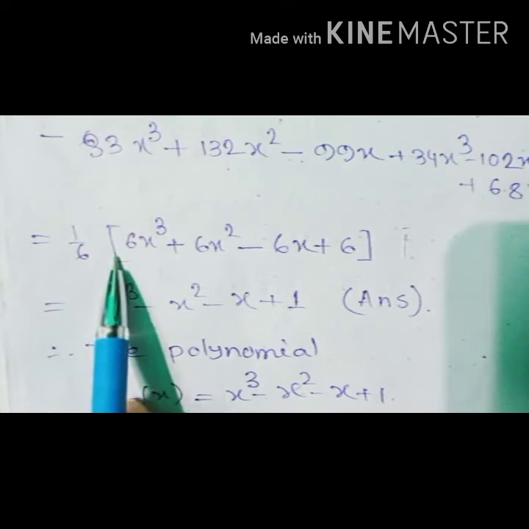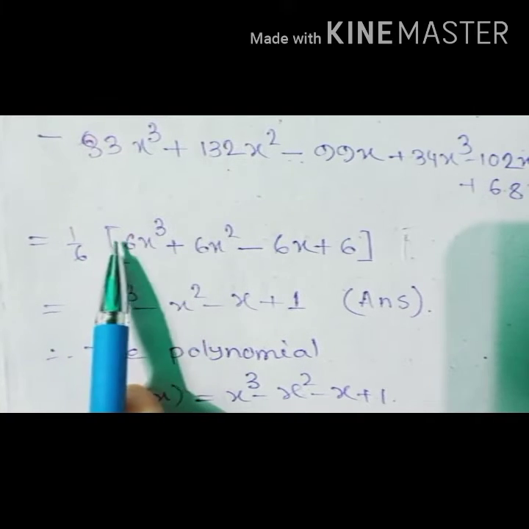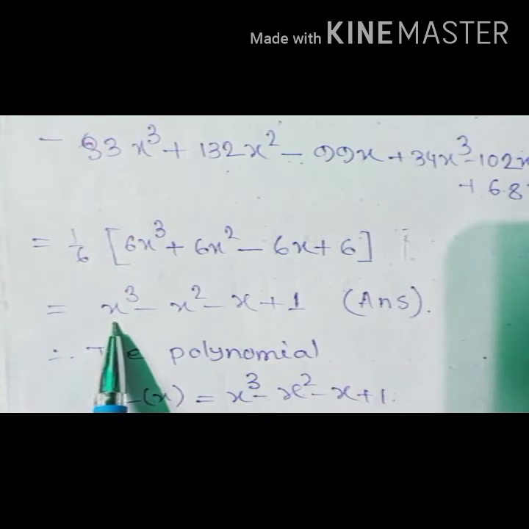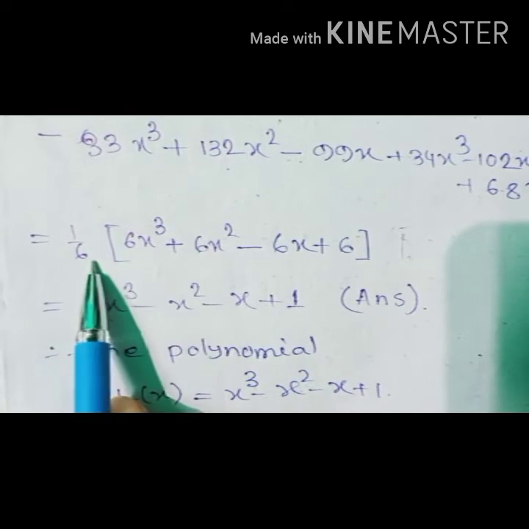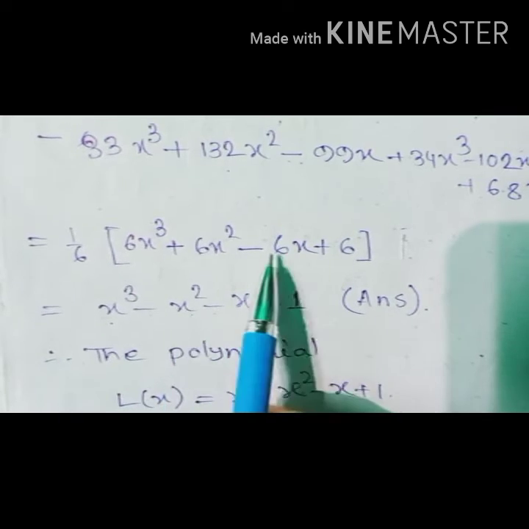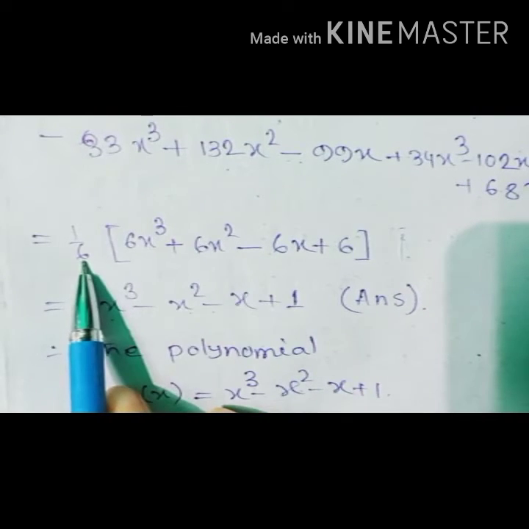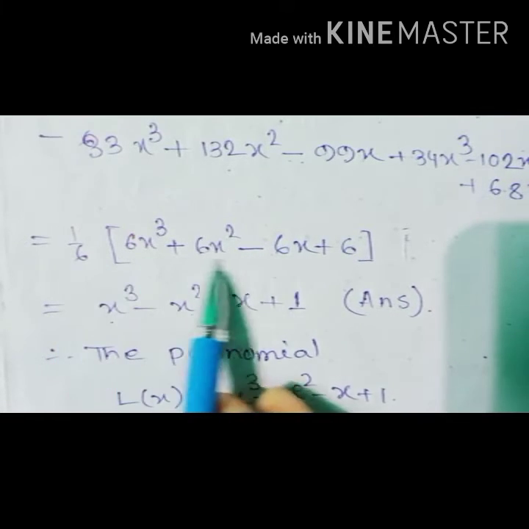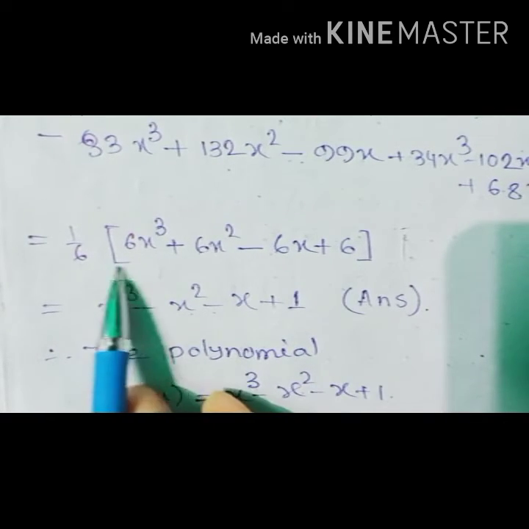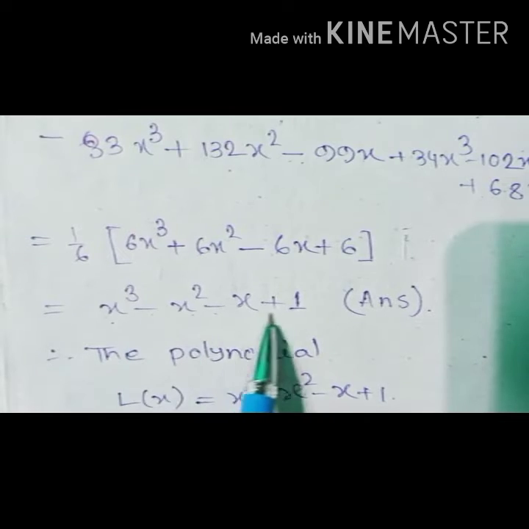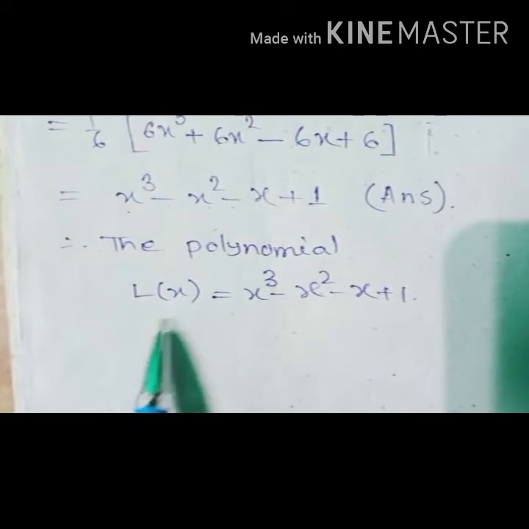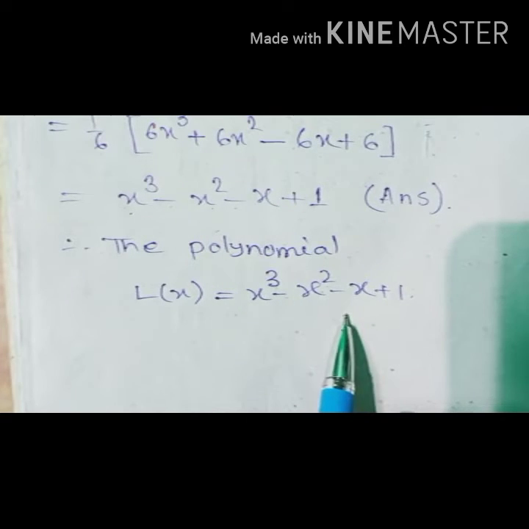When you omit this bracket, 6 into 1 by 6 gives 1, so 1 into x cube. Here also 6 into 1 by 6 x square, 6 into 1 by 6 is 1, and here also 6. All the 6s vanish by 1 by 6. So this is our final answer, and this is Lx, the polynomial. So our polynomial is like this.